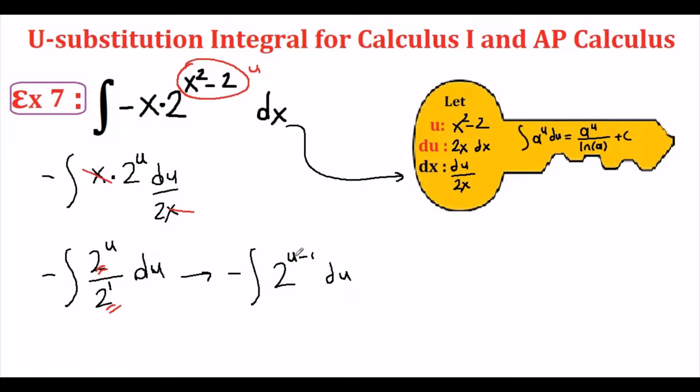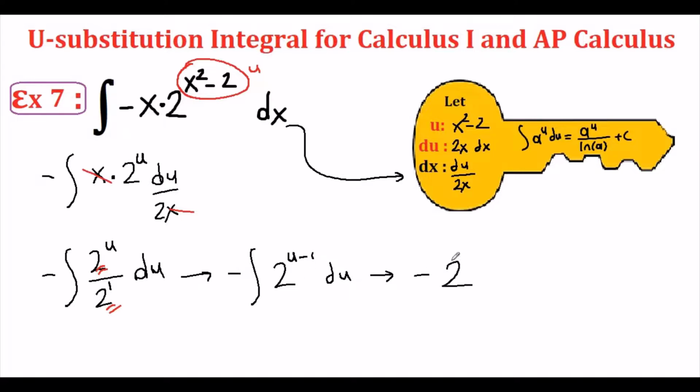Now we can bring u back and we can use this integral. Integral of some constant number a to the u du is equal to a to the u over ln of a plus c. Here in our case our a is 2.